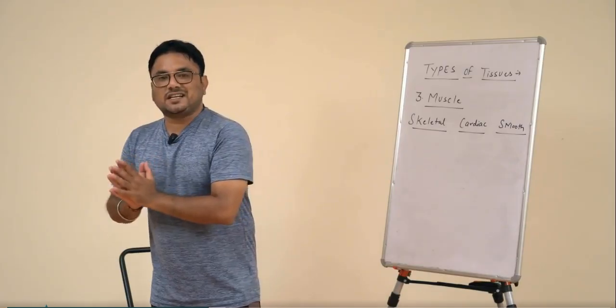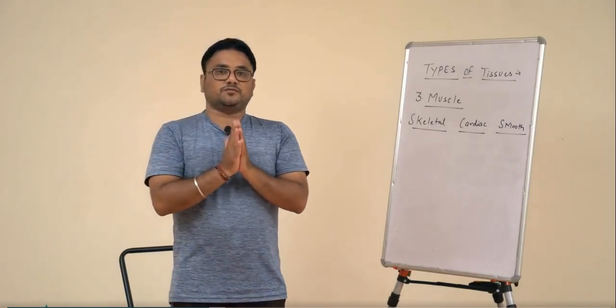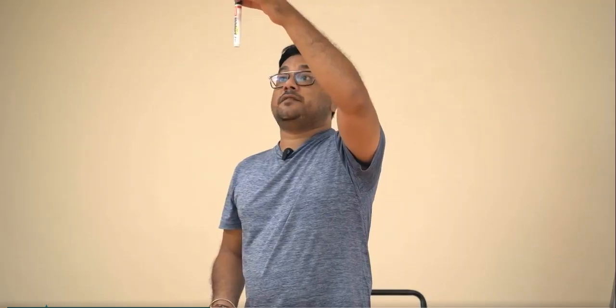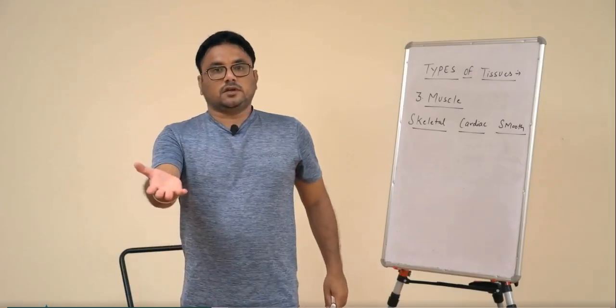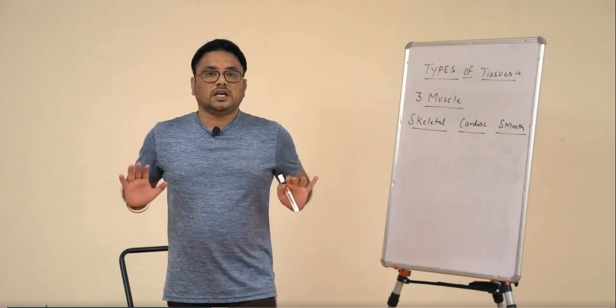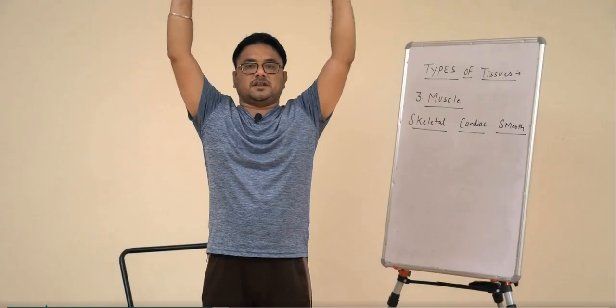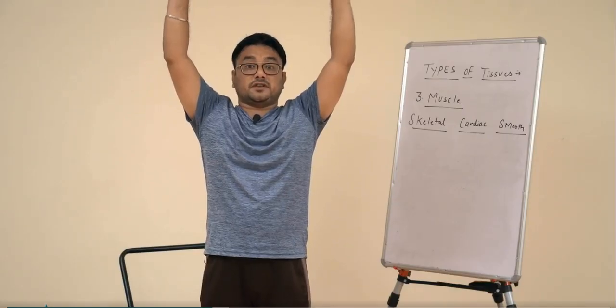If I am holding a pen right now, when I'm awake, when I'm conscious, and I ask myself to drop this pen, it is under my control. Throwing a ball is under my control. Lifting my shoulders up is under my control when I am conscious.